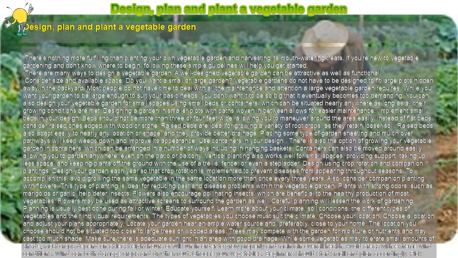Prepare the soil. Fall is typically the best time to prepare for your vegetable garden. Clear the area of weeds and other debris, rocks, sticks, etc., and rake the surface smooth.